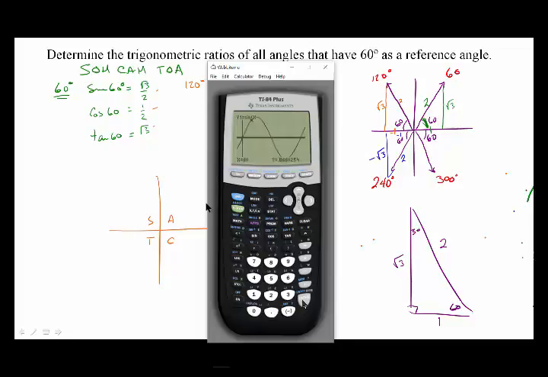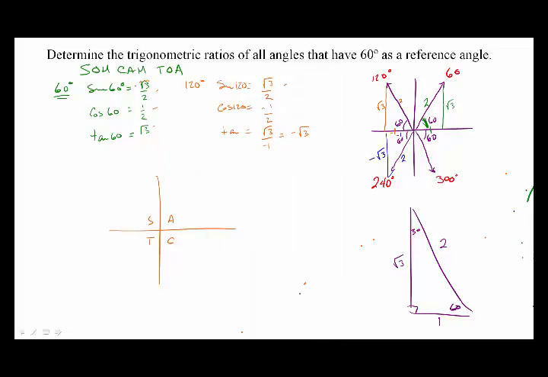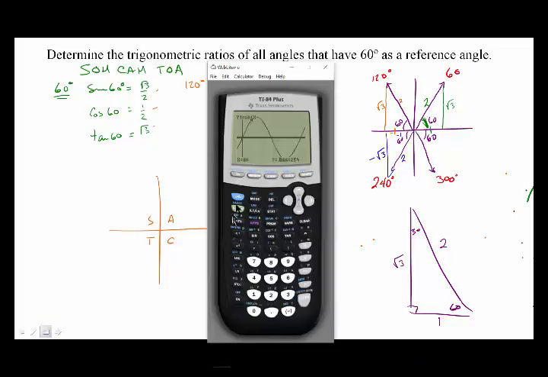Hit enter. 0.866. So what's 0.866? We just said root 3 over 2. Oh yeah? Really? Switch program. Here we go. Root 3, divide by 2. Oh.